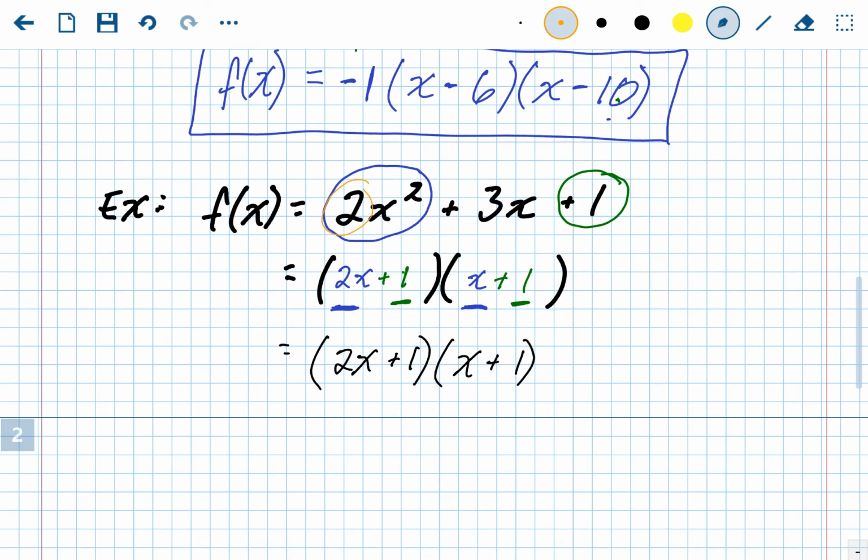True factored form has to have an a value. And your x values, because again, remember factored form is x minus p and x minus q. Okay, this isn't an x, that's a 2x. So in true factored form, you'd have to factor out anything that gives you not a 1x. So we'd have to factor out this 2.